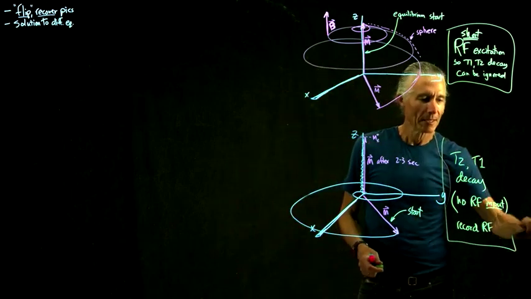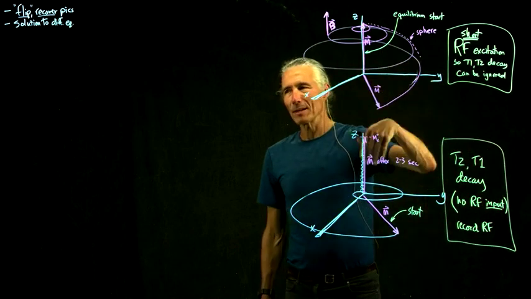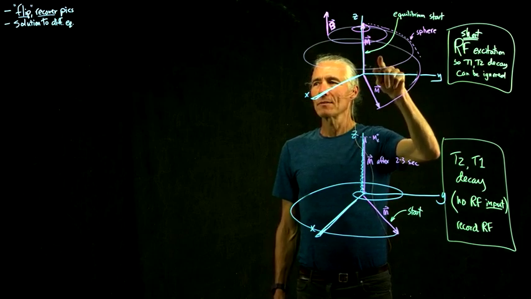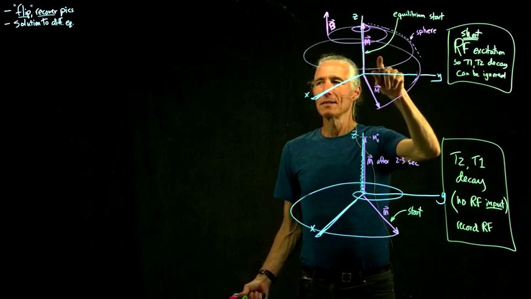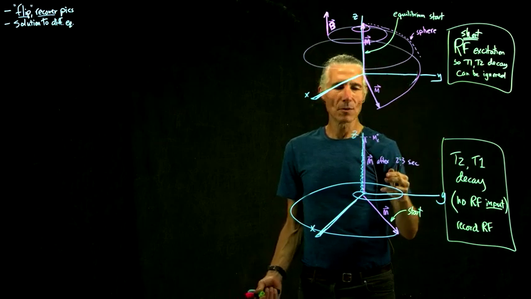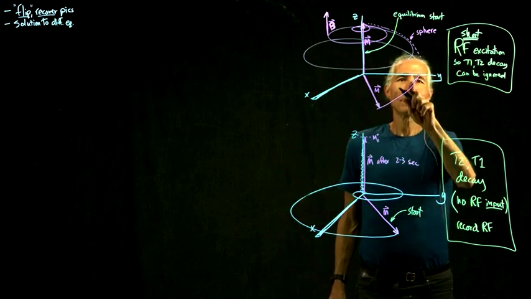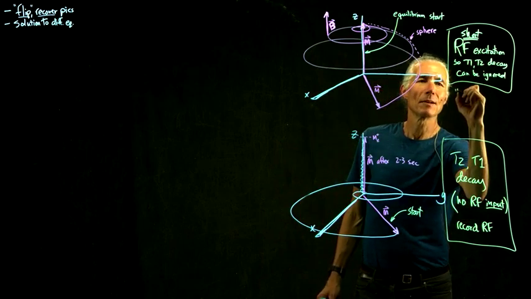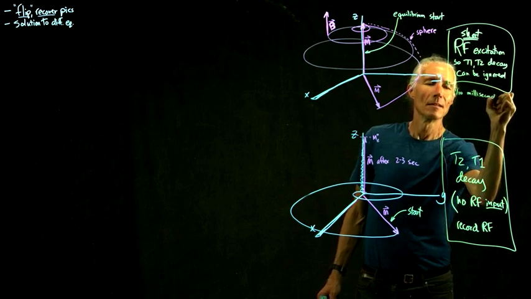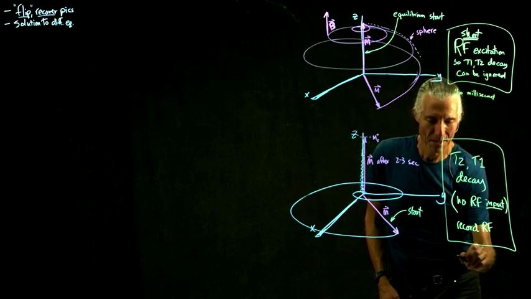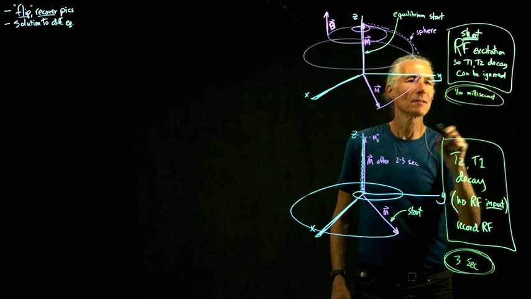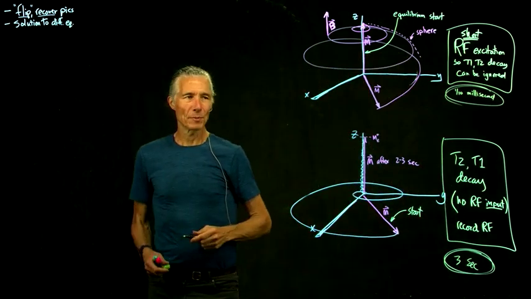In some sense, T1 and T2 decay were happening in both, but this picture was less than 1 millisecond, such a short time that you can ignore it. This picture is like a tenth of a millisecond, and this picture is like 3 seconds. So yes, different time scales for those two pictures.